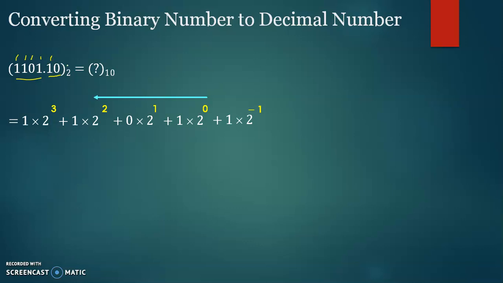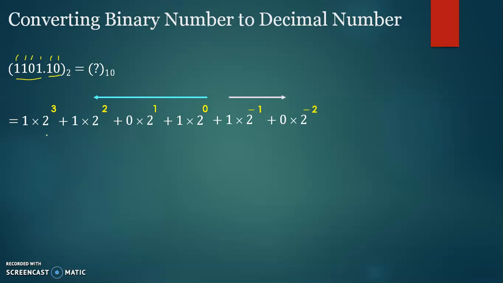Now the last digit of our binary number, that is 0, is also written like the previous ones, and the power of this portion is -2. So for the fractional part, the power starts from -1 and goes on from the left hand side to the right hand side. So that is the arrangement.